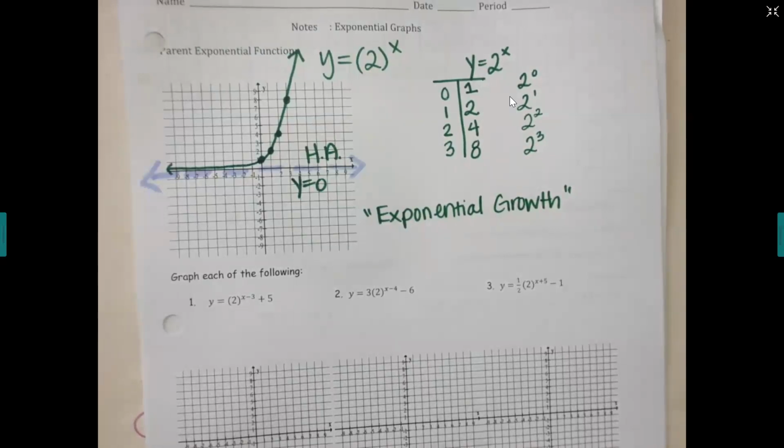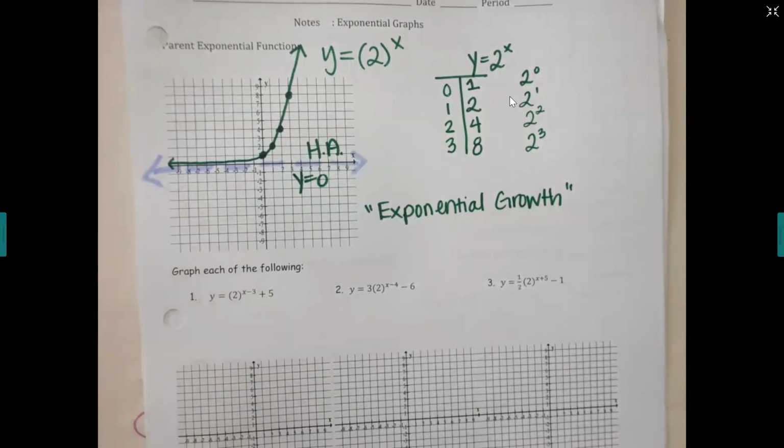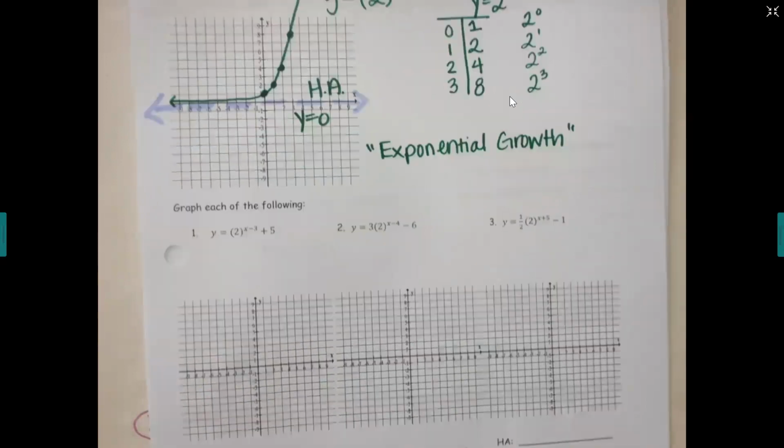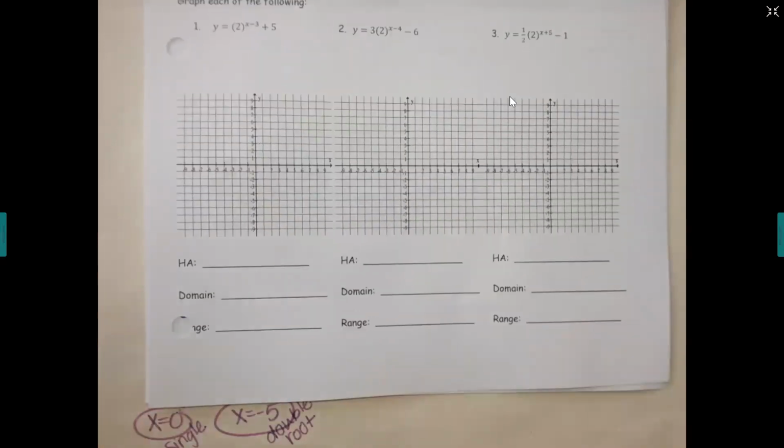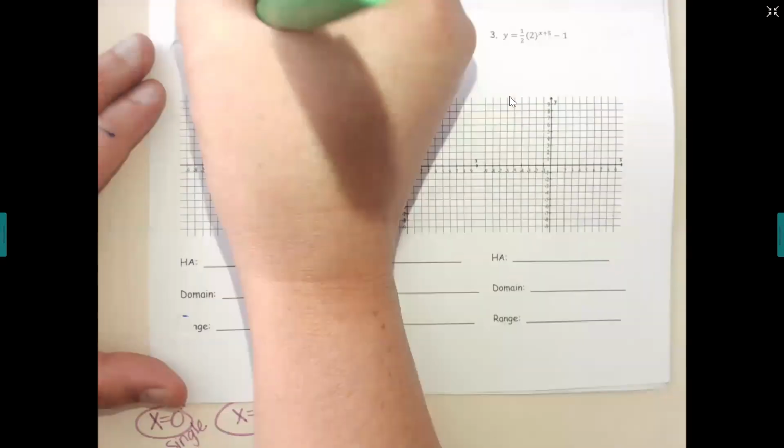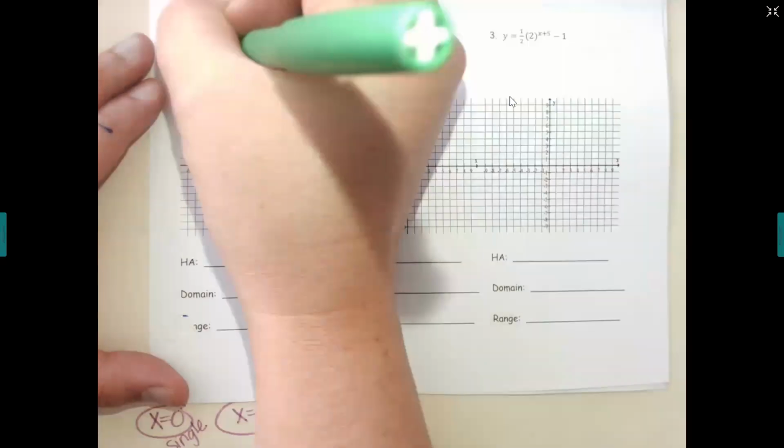Okay. Alright, so now look at number one. All the rules for all the functions are exactly the same. If it's a number with x, it's going to shift you left and right. If it's a number at the back, it's going to shift you up and down. So take a look at number one. Do you notice that you have an x minus 3 at the top? That's going to shift your graph to the right 3.